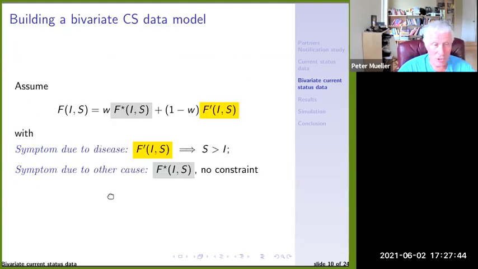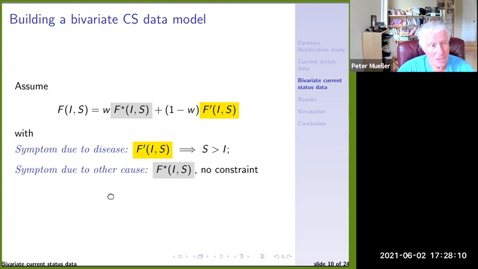So the first assumption that we make is that the bivariate distribution on infection and symptom arises as a mixture. There are the yellow patients who show symptoms due to disease, and there are the gray patients who show the same symptoms due to other causes. Of course, this split into yellow and gray is purely hypothetical. We don't get to see it.